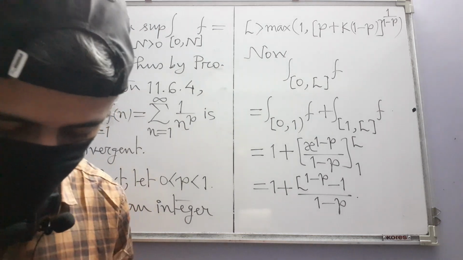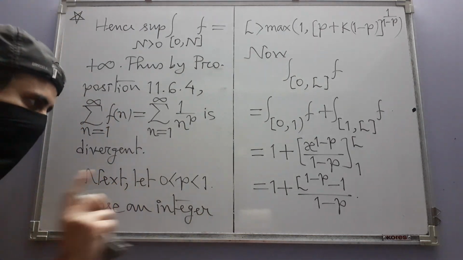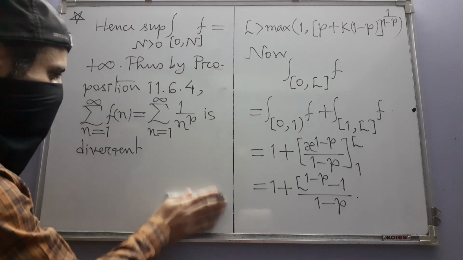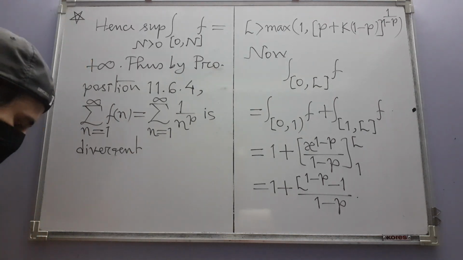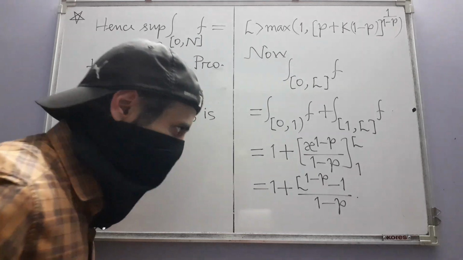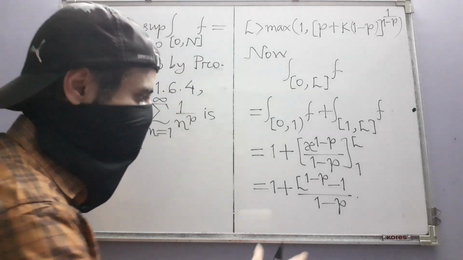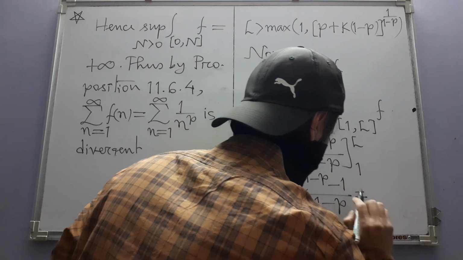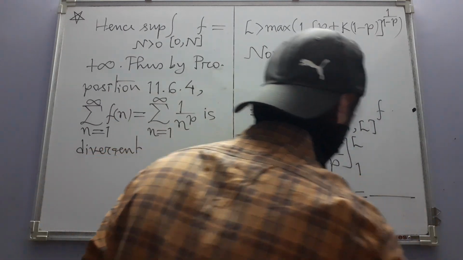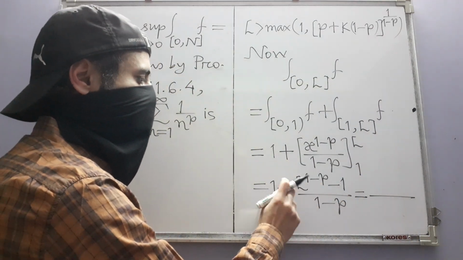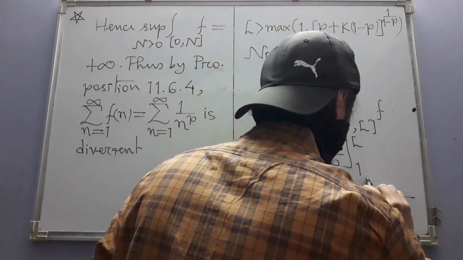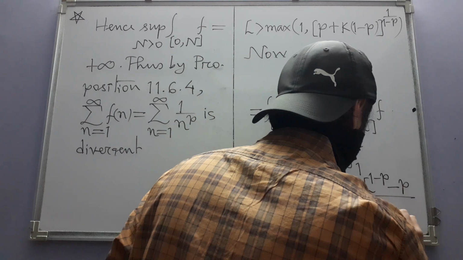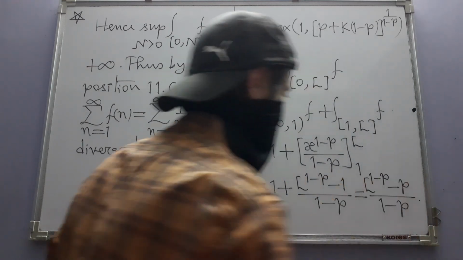Okay. Let's keep it like that. Or should we, in fact, okay. Let's just write one more step. If you do whatever you do in such a case, 1 minus p plus this. So that will give you L to the power 1 minus p divided by 1 minus p.